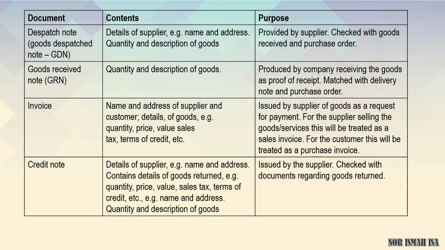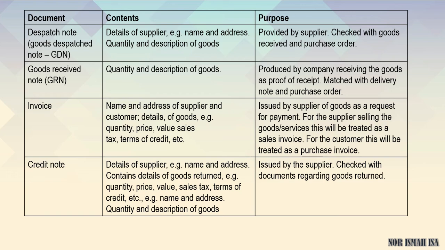And then goods dispatch note and goods receipt note. This is related also. The dispatch note is for goods that have been produced by the supplier, and also the goods received note is at the buyer side.